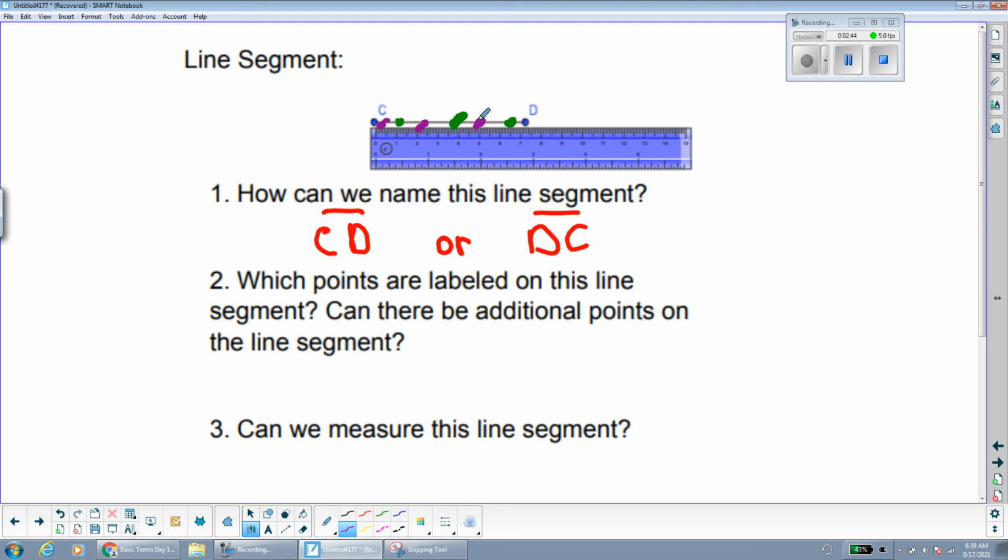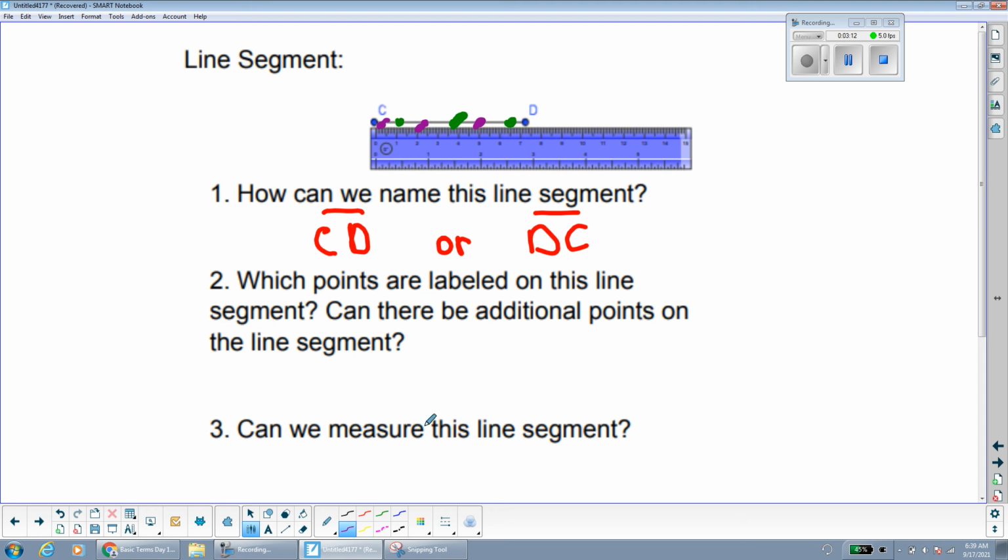We can keep getting smaller and smaller if I had something smaller to write with. We can get more and more points on this line segment in between C and D. In fact, there are an infinite number of points that you can make in between C and D. It's important to know that there are more points on this line segment besides only C and D. There are tons and tons, and actually an infinite number of points that exist here.